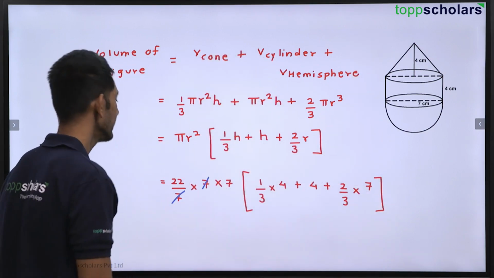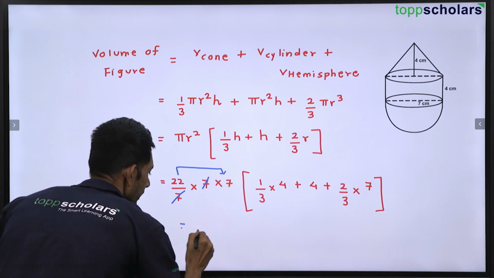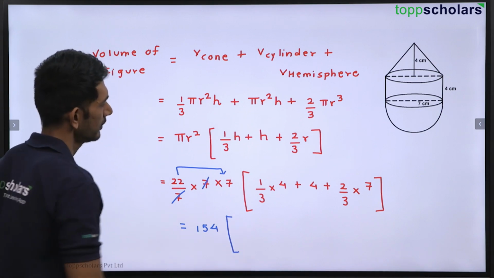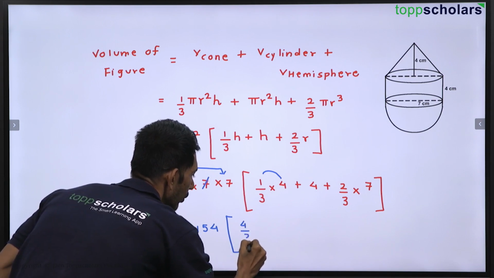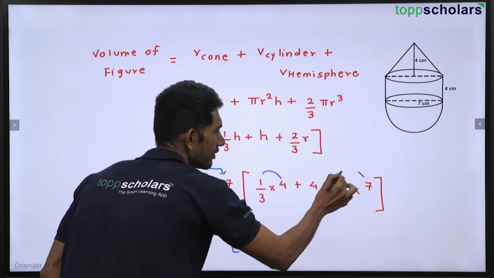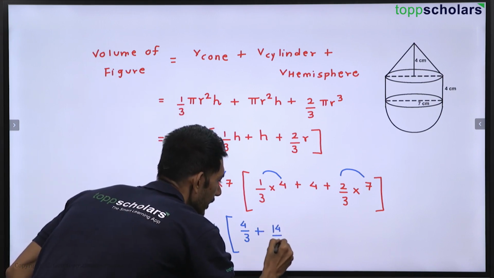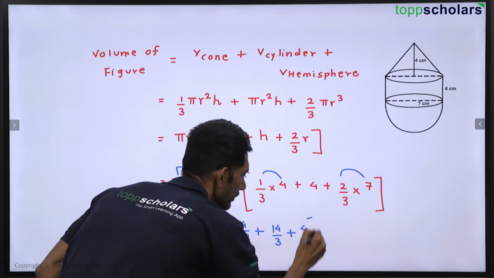So this gets cancelled. 22 into 7, that is 154. This becomes 4 by 3 plus this becomes 7 to the 14. 14 by 3 plus this becomes 4.